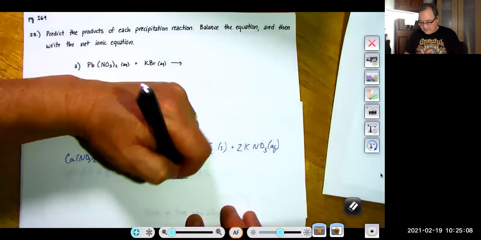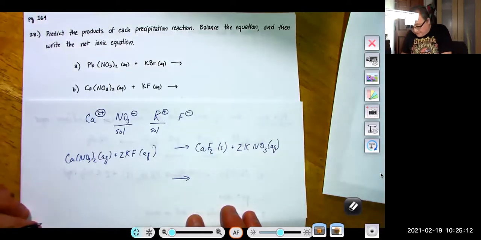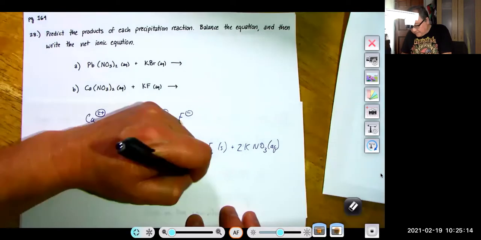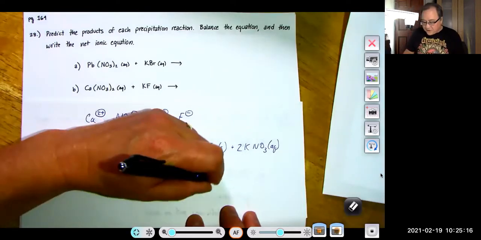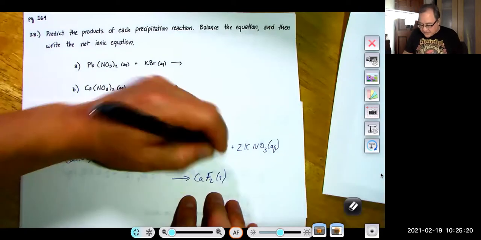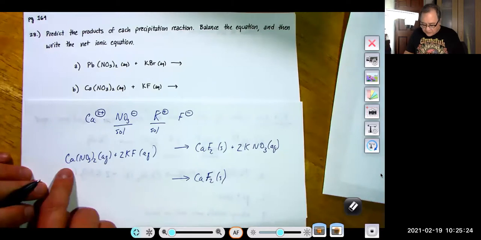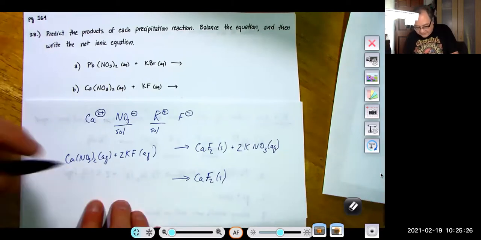Everything that's not aqueous. So in this case, there's only one thing. And then for this one, it's pretty obvious that on this side, you're going to have calcium and you're going to have fluorine. What is the form of calcium over here? It's aqueous.